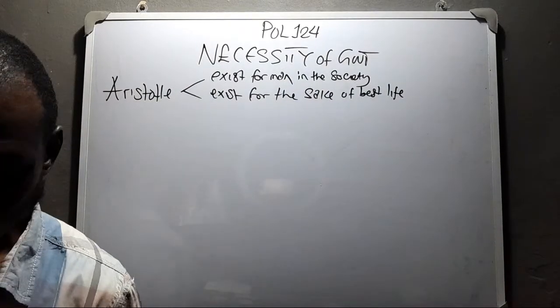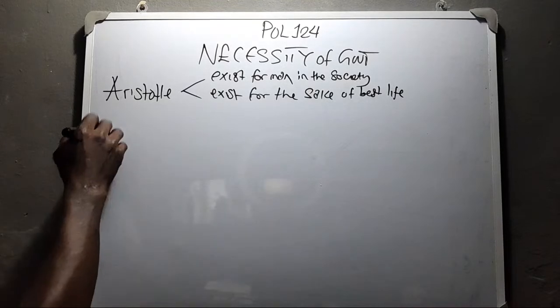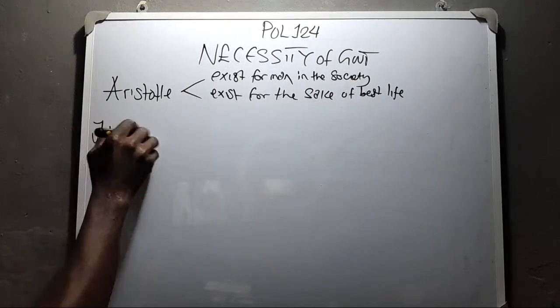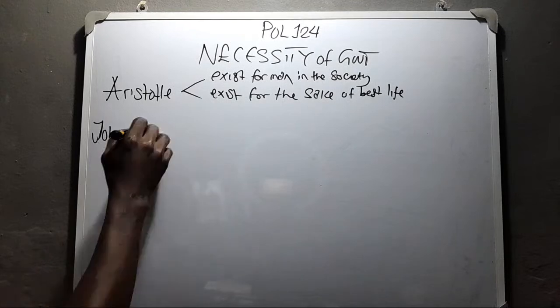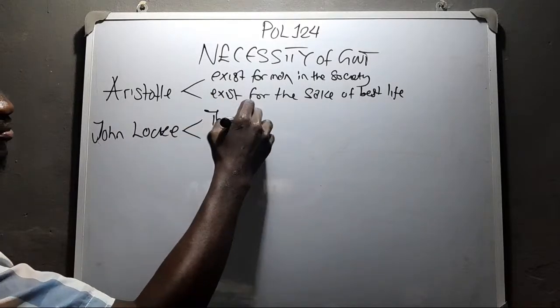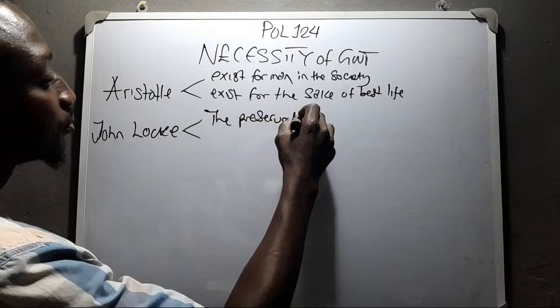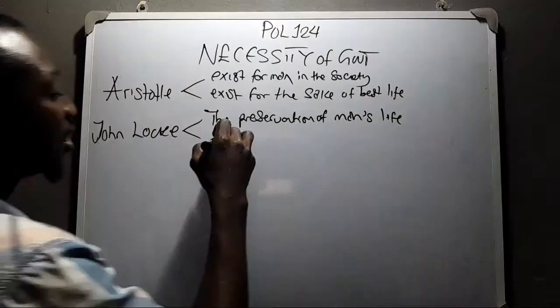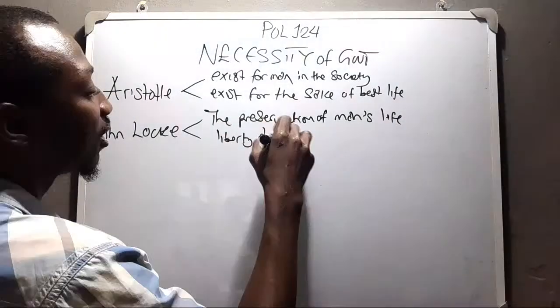Now, let's take that of John Locke. Now, John Locke maintains that the purpose of government is the preservation of man's life, liberty, and properties.